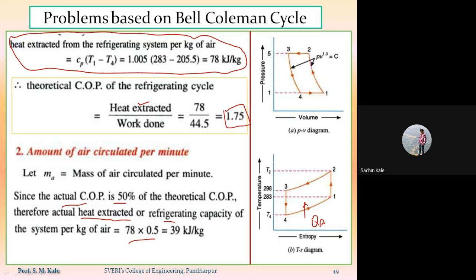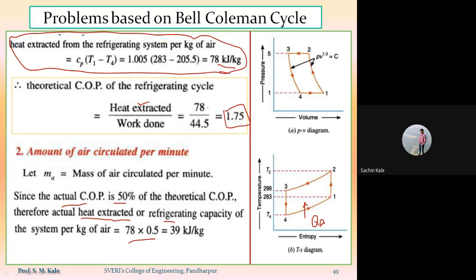If the problem mentions that actual COP is 50% of theoretical COP, they want to say that the actual heat absorption in the refrigerating system is 50% of the theoretical heat absorption.